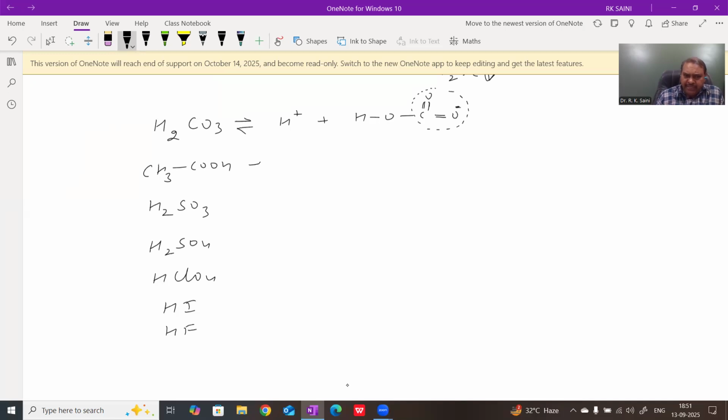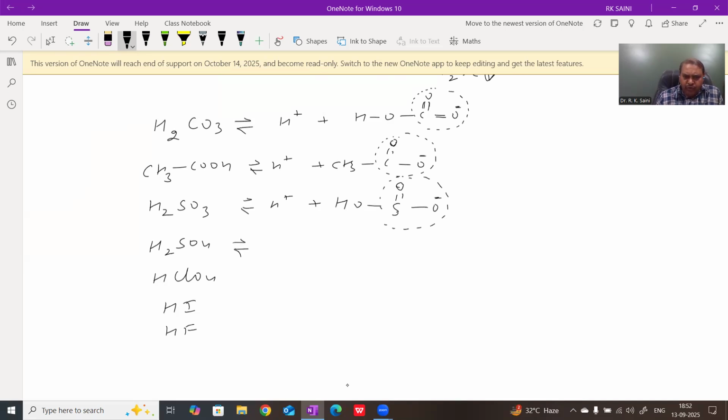In the case of acetic acid, its conjugate base also shows resonance, in which the negative charge also delocalizes over two oxygens. In sulfurous acid, its conjugate base also shows resonance and the negative charge disperses over two oxygens.